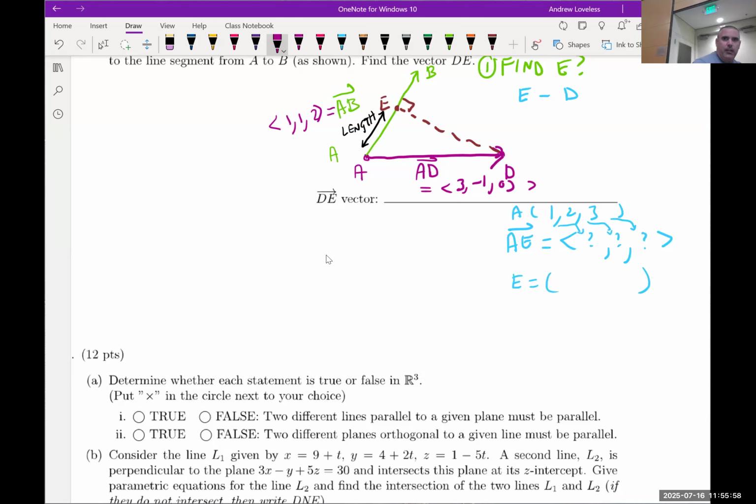What is AE, that vector? It's the projection vector. So there's a direct way to do the problem: you can use the formula for the projection vector, find that vector, add those numbers onto A, and then find the vector DE. That's a strategy.